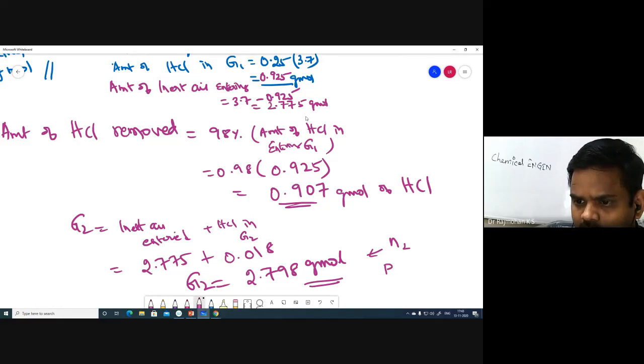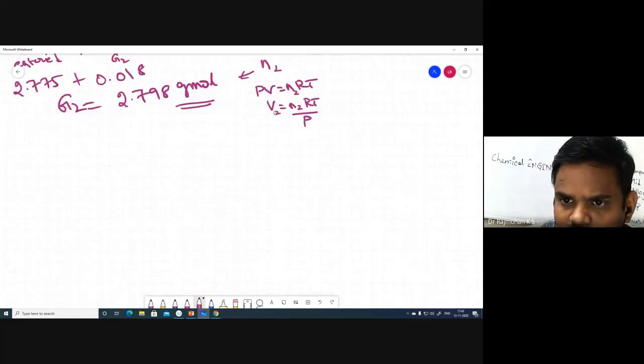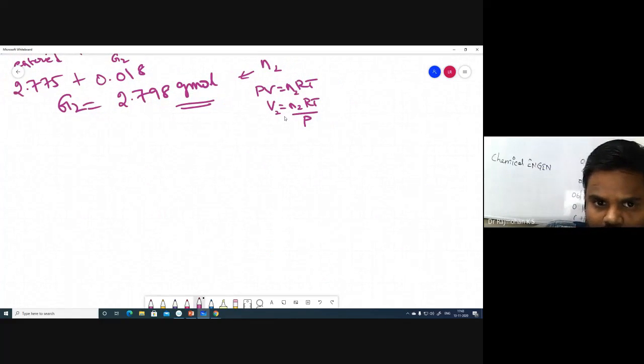So we can use PV equal to nRT. So you can find V equal to N2RT by P. So N value is 2.798. R value, temperature and pressure is given. You can determine the G2 value, right?